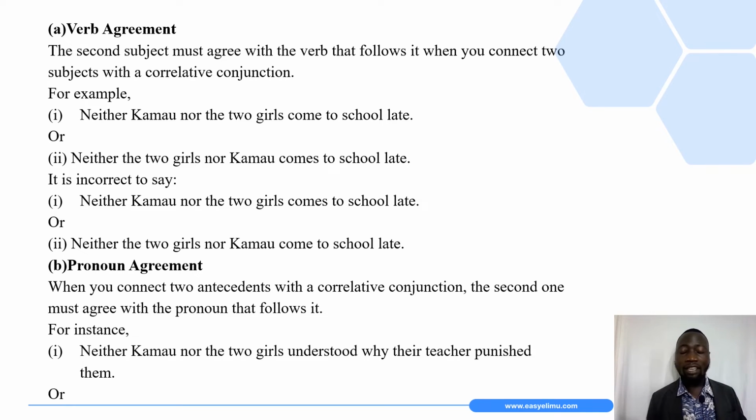So there is this example that I normally use. That is the kangaroo. So it is correct to say that the kangaroo normally carries its baby on the belly. But it is incorrect to say that the kangaroo normally carry its baby on the belly.